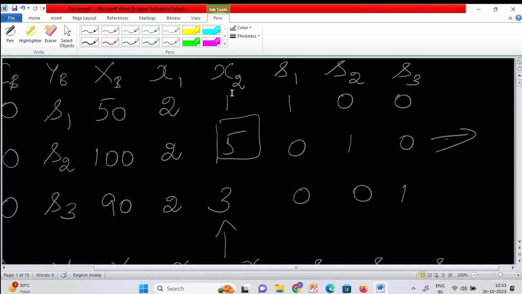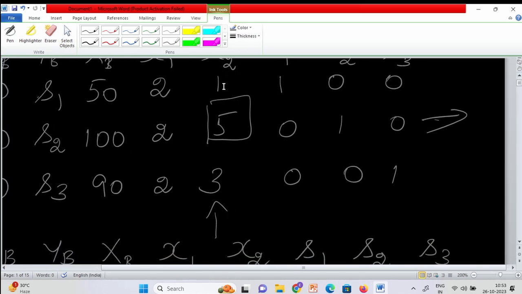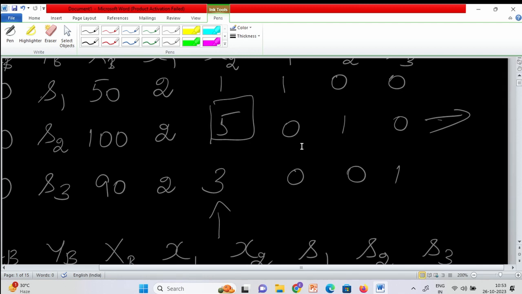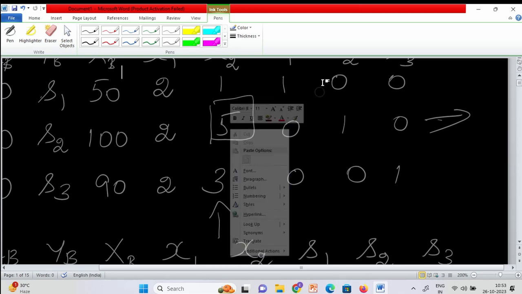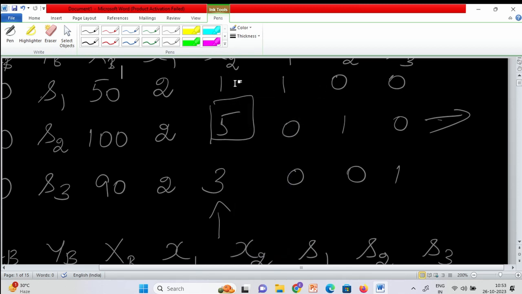Next we have to make this entry, this 1, into 0. The rule, as per the algorithm, is that we have to make the pivotal element 1 and the elements above and below the pivotal element 0. So we have to make this 1 to 0.